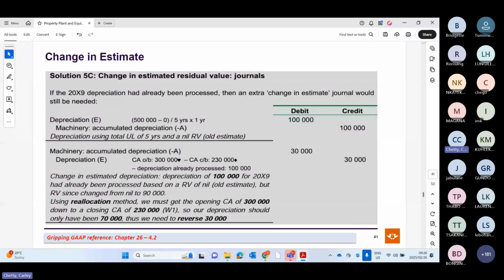Based on the new estimate, it should be 70,000. So how do we go from 100,000 to 70,000 Rand? We need to reduce this debit to depreciation and reduce this credit to accumulated depreciation. And we do that by processing this 30,000 Rand journal, by debiting machinery accumulated depreciation and crediting depreciation.